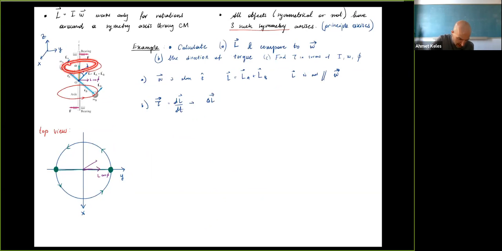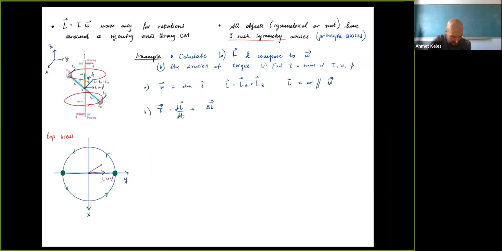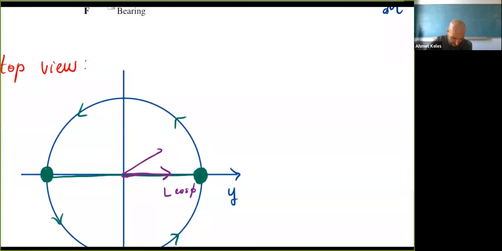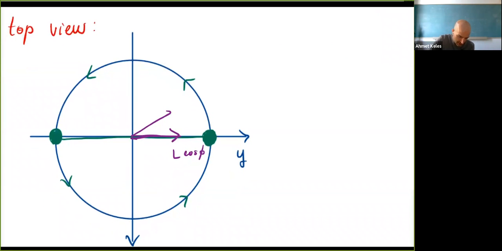So then L will also rotate, but only this component will rotate, because the other one is always perpendicular to the rotation axis, rotation plane. So here, this is also L cosine phi, and there's some delta L.